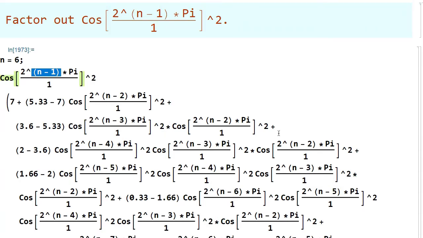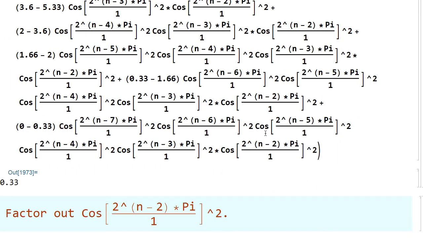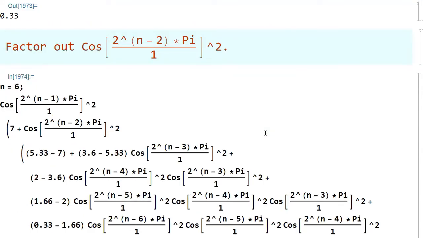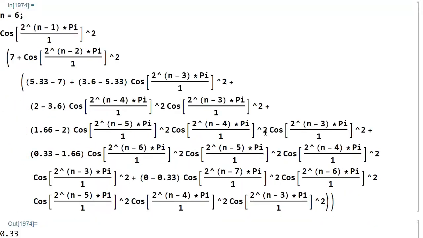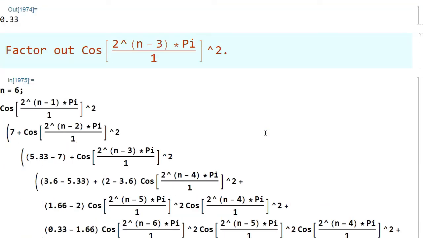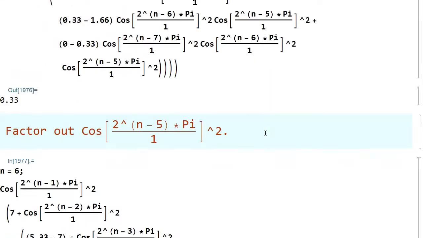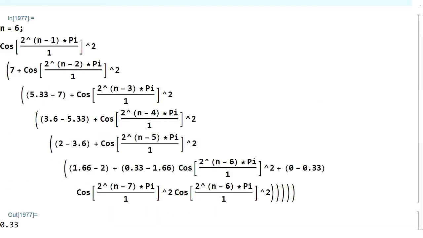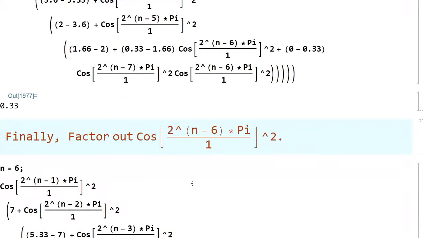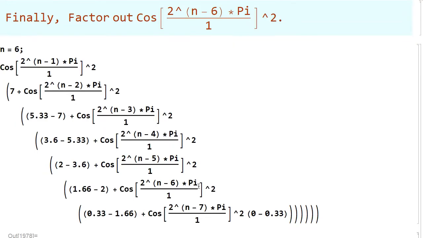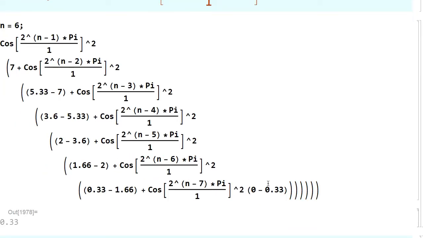And this is now that I factored out the n minus 1 factor. Then I factored out n minus 2. It's getting smaller now. Then I factored out the n minus 3, n minus 4, n minus 5. I can factor out the n minus 6 as well. So that's all of them factored out.